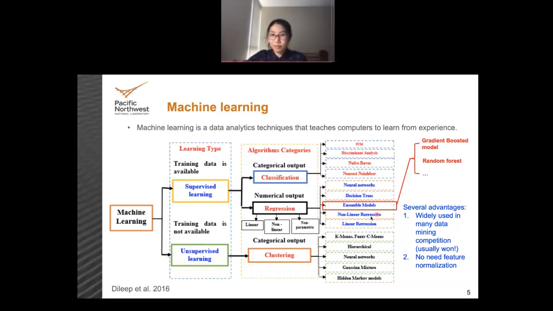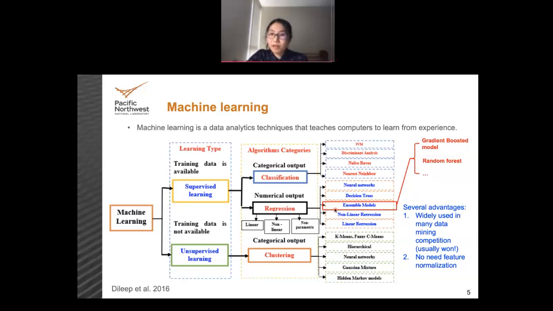For ensemble models, we can consider it as a model, but within it there are many sub-models, and these sub-models together help the model obtain an accurate prediction.